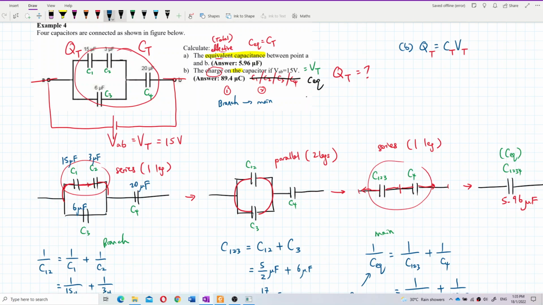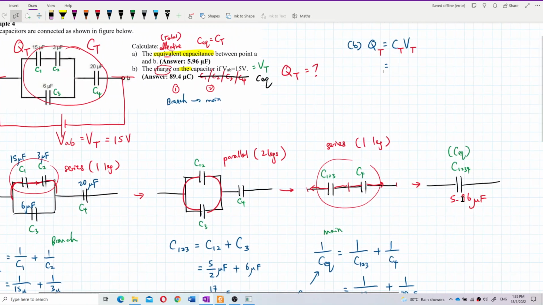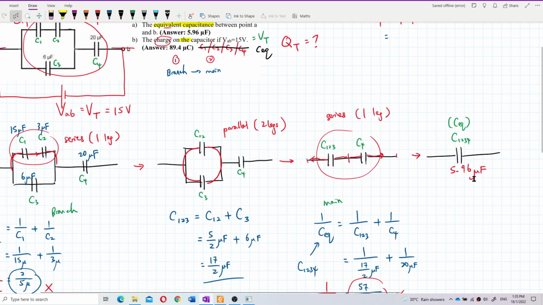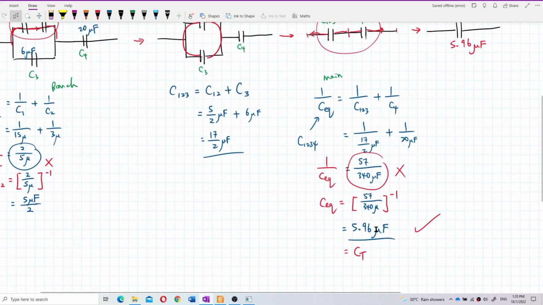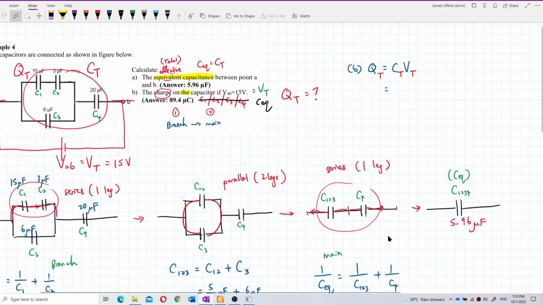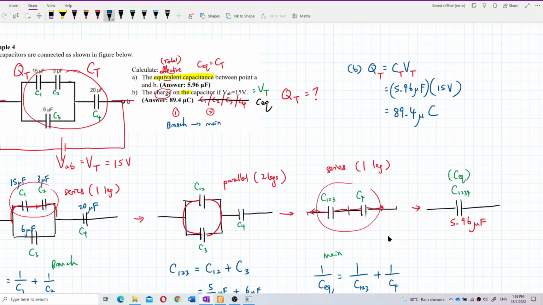The total capacitance I got just now is 5.96 microfarad. You must include the micro. So 5.96 microfarad, and voltage is 15 volt. Multiply 5.96 by 15, and I got 89.4 microcoulomb.